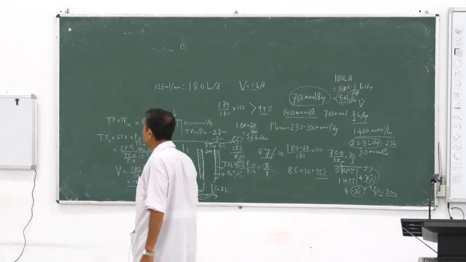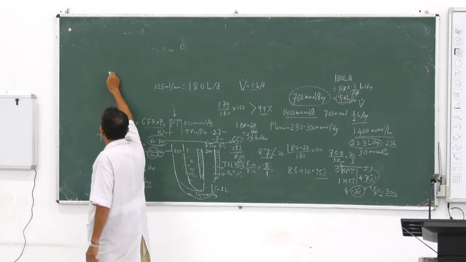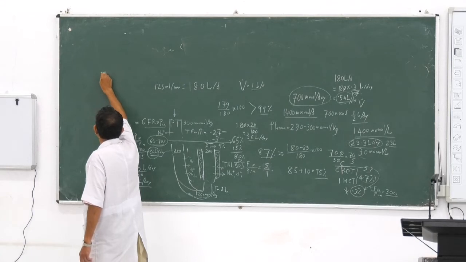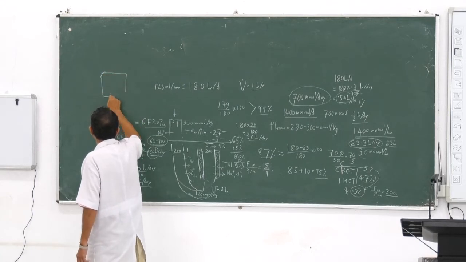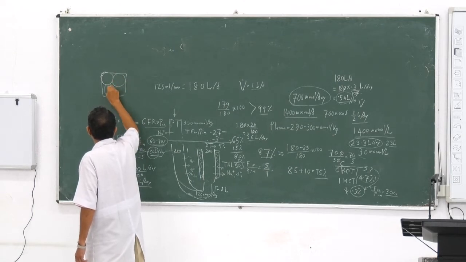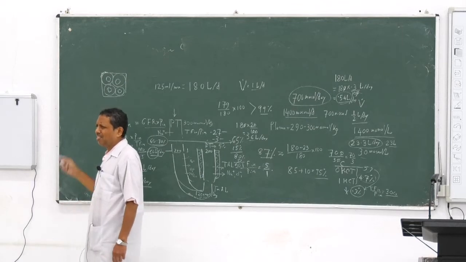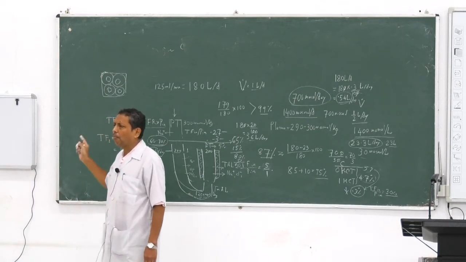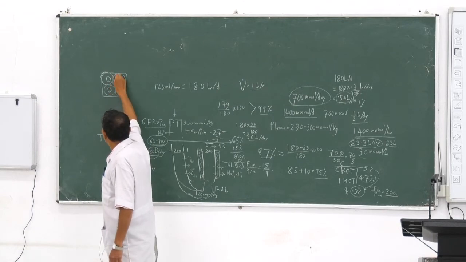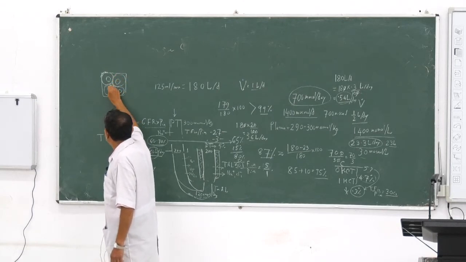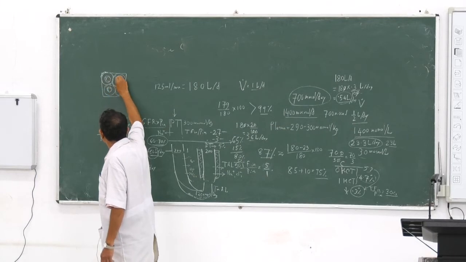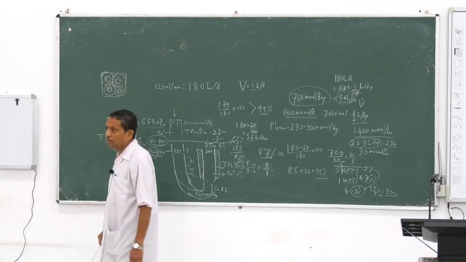You will find this type of structure in your text, with an opening in this space. The fourth subunit, at the middle of it, is the water channel, aquaporin.